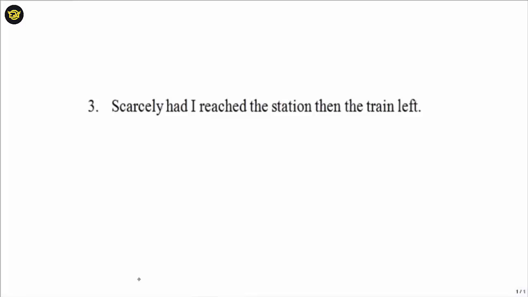Take a minute to solve it. It's quite easy. Scarcely had I reached the station, then the train left, right? What you want to imply over here? You had just reached the station and the train left. Right?